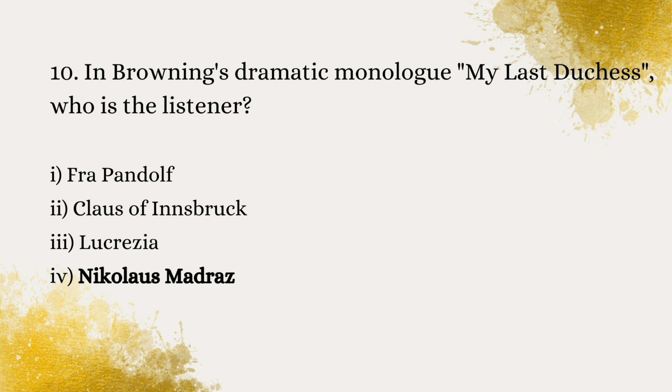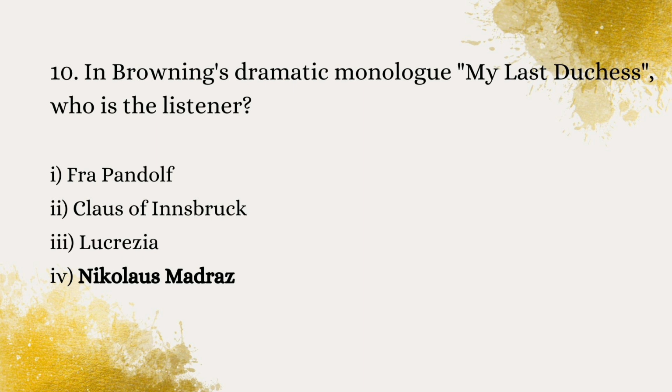Okay, all these four options, who are mentioned here, are all in the poem. But here, ultimately, the answer is Nicholas Madruz, ultimately the emissary who went to negotiate the marriage between the Duke and the niece of the Count of Tyrol.